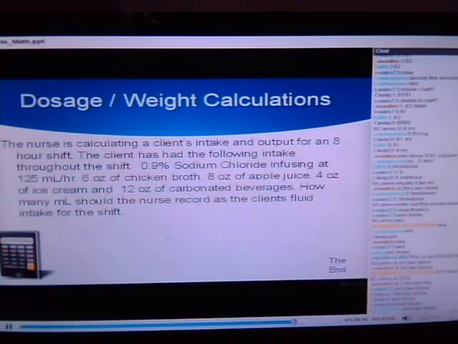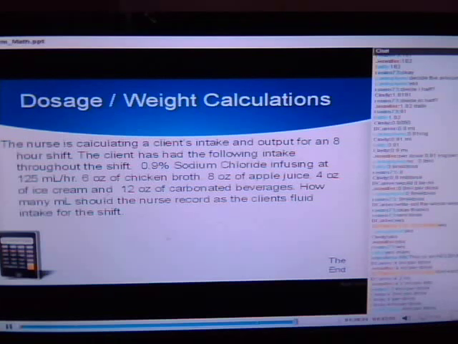What's the answer here? Now, this is what I was talking about earlier. Well, let me let you figure it out. First of all, to figure this out, it wants to know how many milliliters for the shift, right?